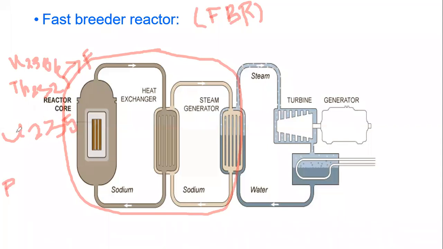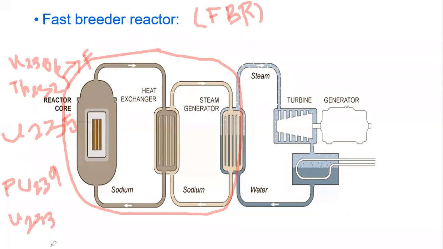After completing the chain reaction of uranium 235, we are producing two unstable atoms, plutonium 239 and uranium 233.